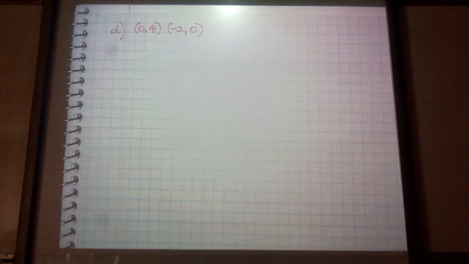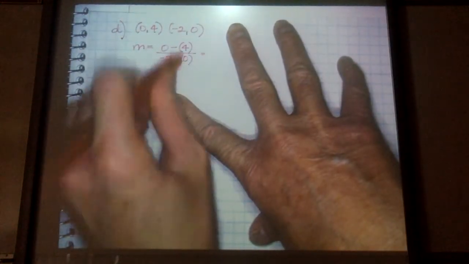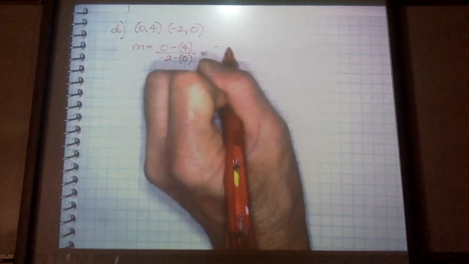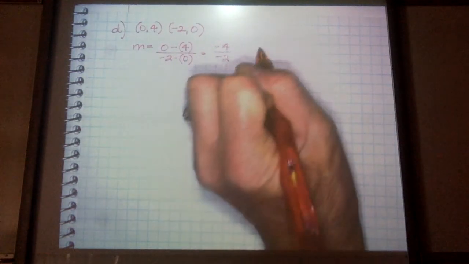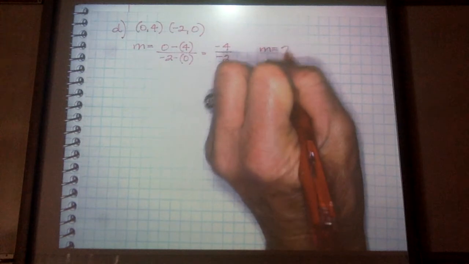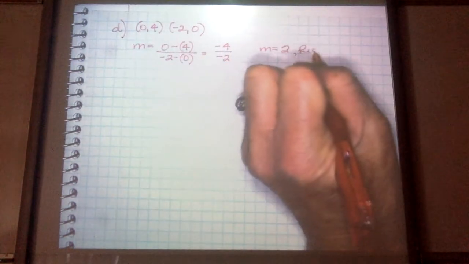For this one, 0 minus 4 over negative 2 minus 0. That would give me negative 4 over negative 2. So m equals positive 2. So this line rises.